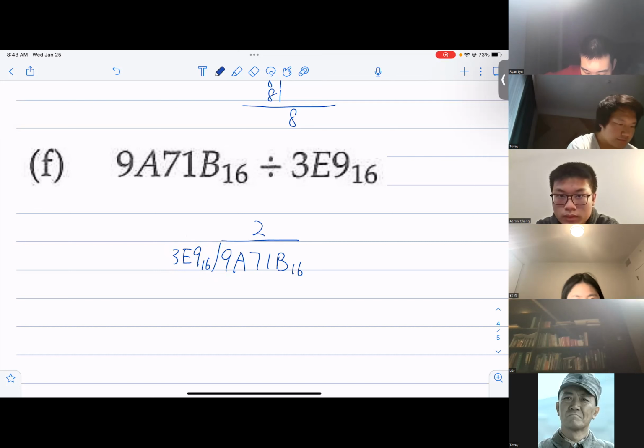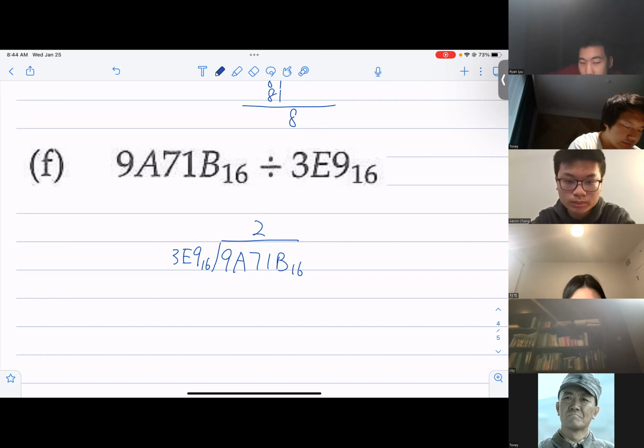Now this is the time to test your familiarity with multiplication. If you're familiar with multiplication enough, you can do this mentally. So this is 2 times 9, that's 18. And this is base 16. So for 16 of the 18, you have to carry over. That means you have 2 left, right? That makes sense, guys?